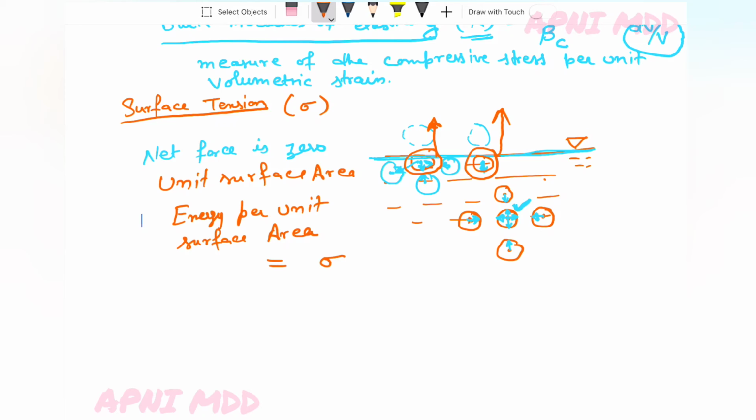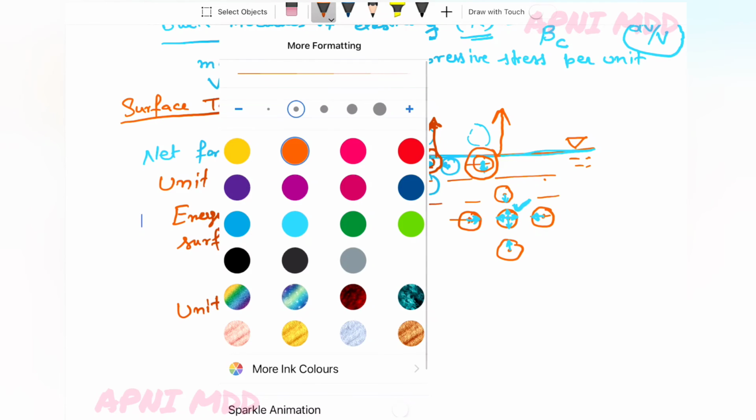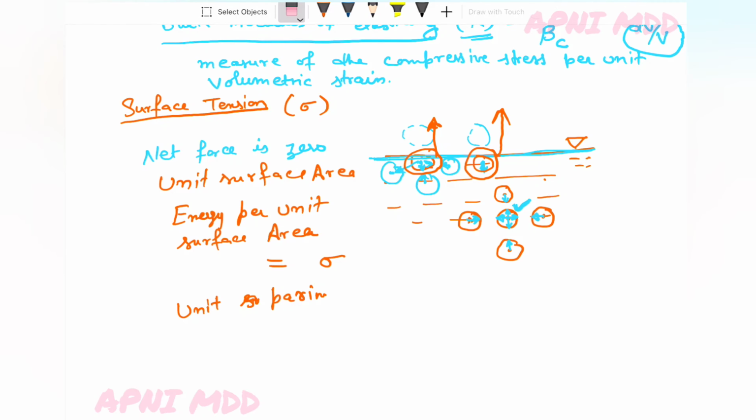Okay. In other words, you can say, now say we consider a unit perimeter.